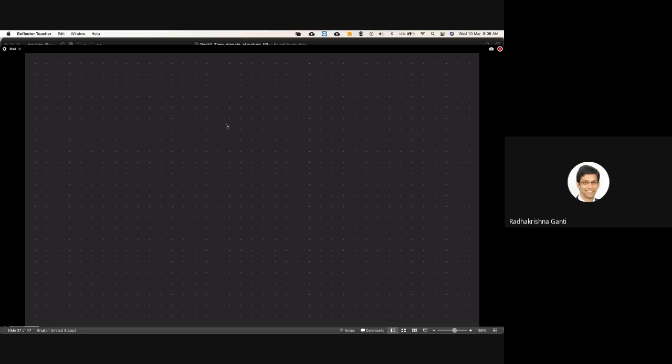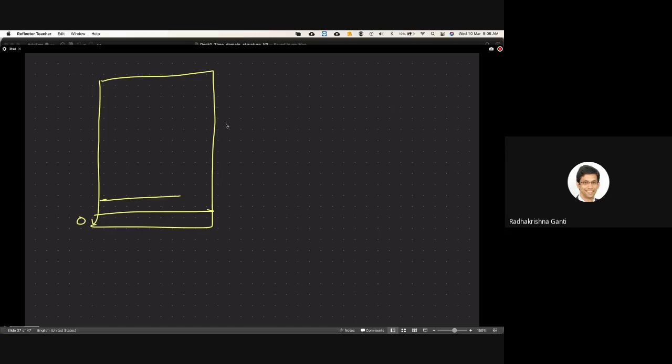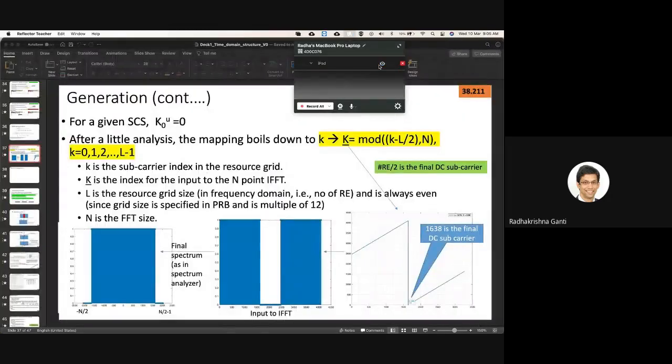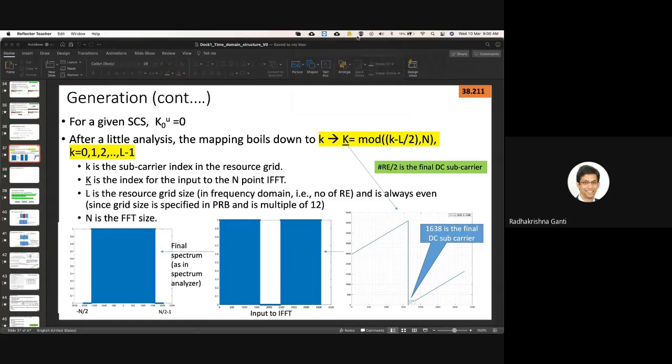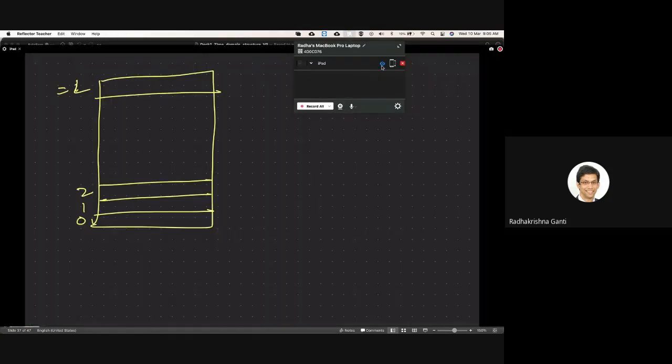What this means is, you have the resource grid. The resource grid elements are numbered from 0, 1, 2 up to some capital L. Let's take an example of capital L equal to 3276. That is 273 subcarriers, I think. Now you're going to take a 4096 FFT.